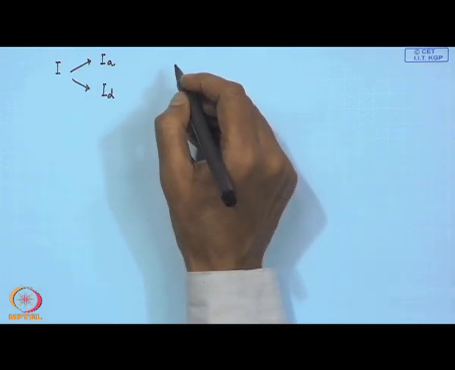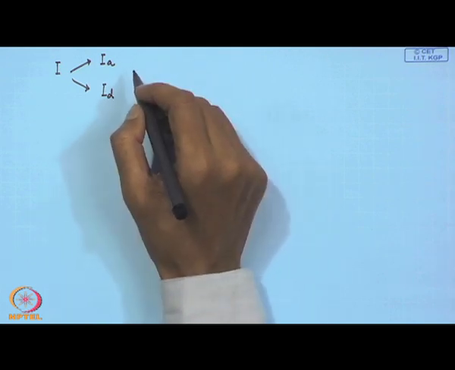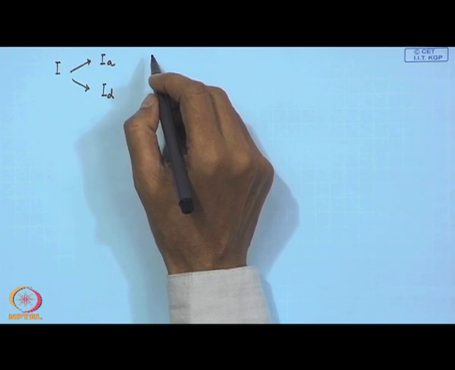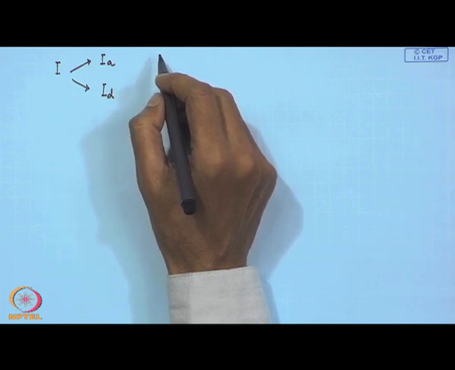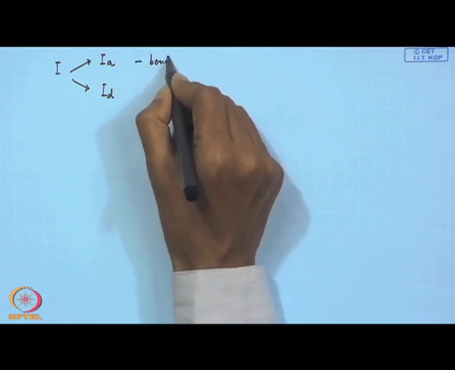So, dissociative interchange and associative interchange. The associative interchange takes place if the breaking of the bond between the leaving ligand and the metal is important.